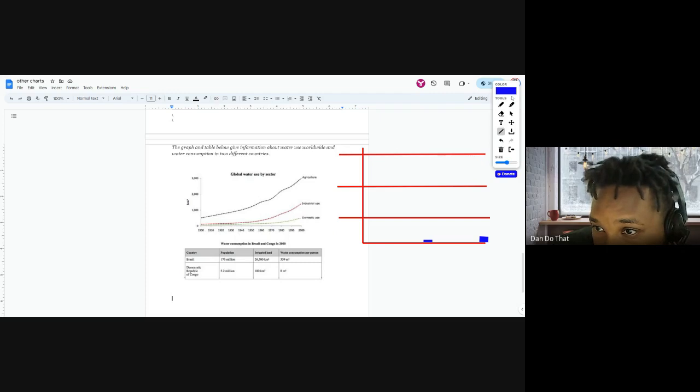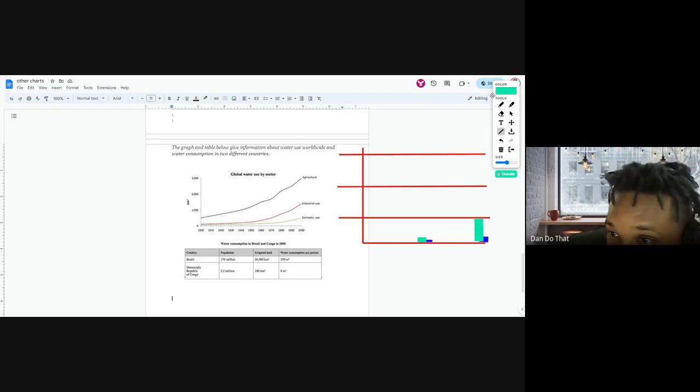And we got industrial. In 1950, industrial is a little more than domestic. This is still a little bit. And then in 2000, industrial is at like 1,000. Okay.